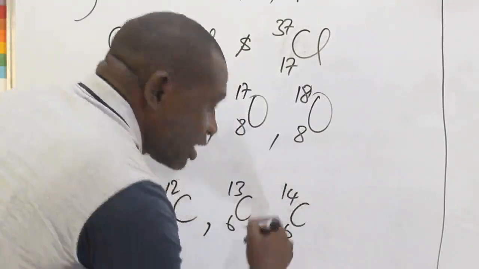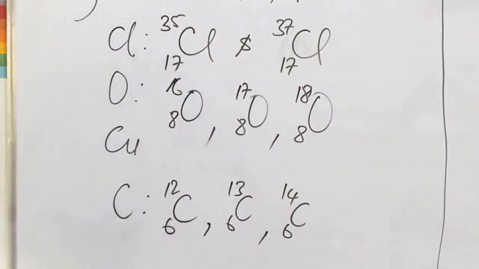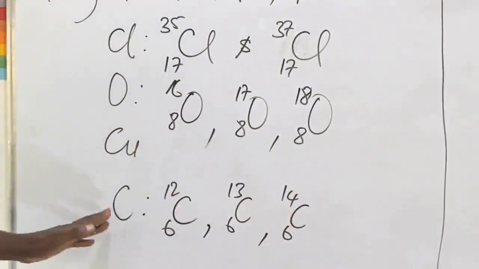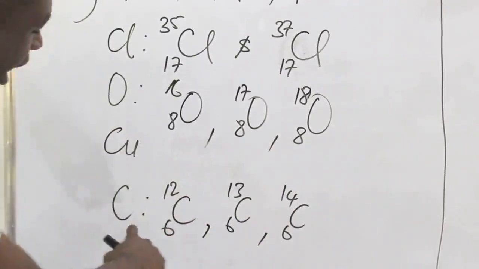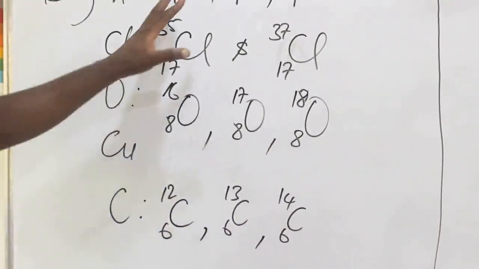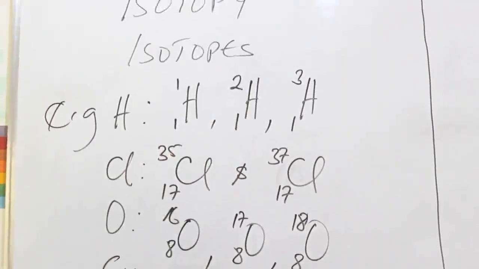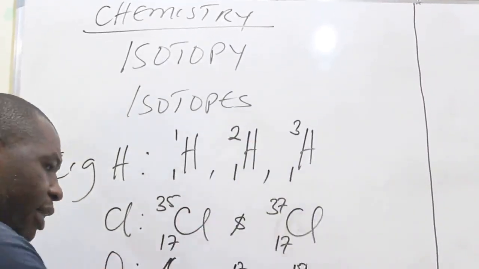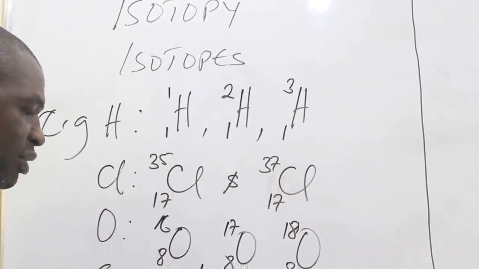This carbon 14 is the isotope used in carbon dating. If you have treated carbon dating, you know that carbon 14 is what is used for carbon dating. So these are all isotopes of the same element, and some examples of elements that exhibit isotopy. Now, take a look at these elements and all these isotopes.